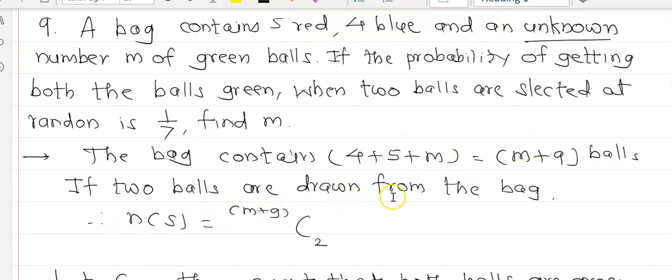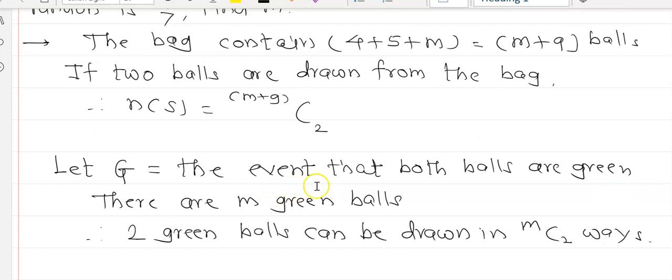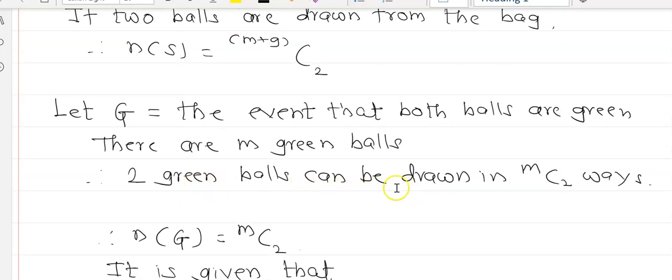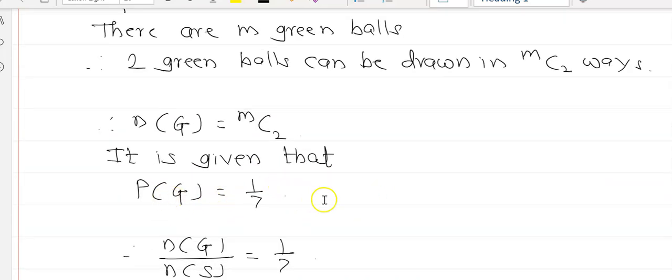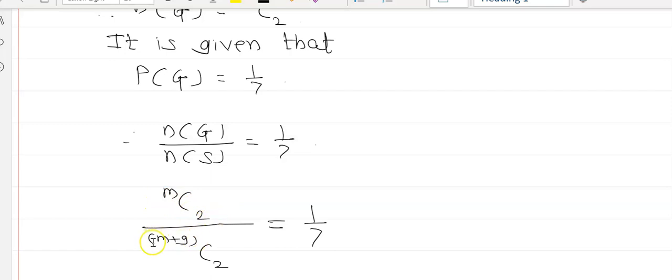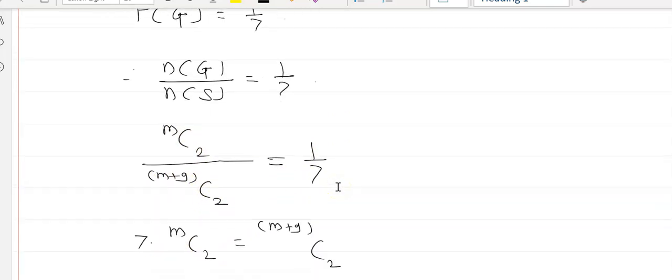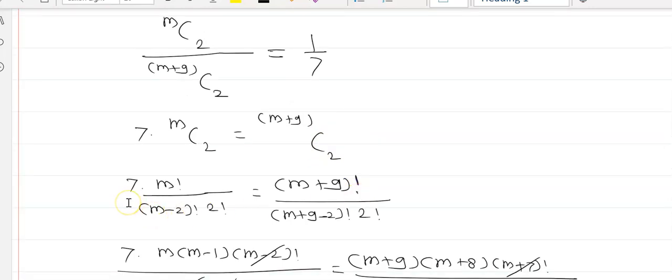If two balls are drawn from the bag, therefore n of S is equal to m plus 9 C 2. G is the event that both balls are green; there are m green balls, so two green balls can be drawn in mC2 ways. Therefore, n of G is equal to mC2. It is given that P of G is equal to 1 upon 7. n of G upon n of S is equal to 1 upon 7, and that's why mC2 upon m plus 9 C 2 is equal to 1 upon 7. Make the cross multiplication, then you will get 7 times mC2 is equal to m plus 9 C 2. And that's why you will get 7 into m factorial upon m minus 2 factorial into 2 factorial.